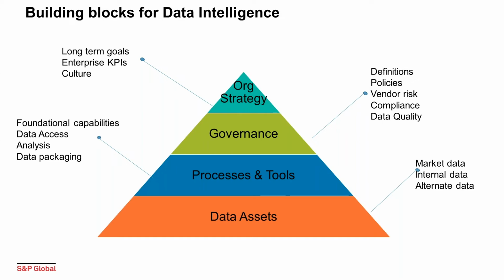Data packaging is another crucial aspect, because that's where every department within the organization can reuse a packaged data set. Otherwise it becomes a siloed approach. So breaking the silos is very, very important for gaining value out of data intelligence.